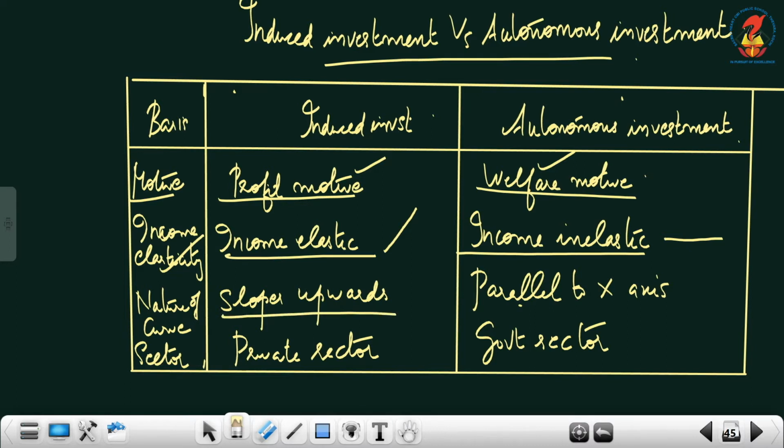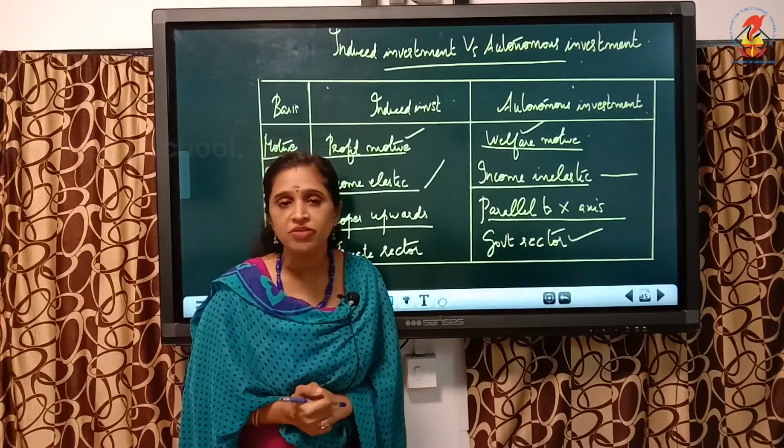Induced investment curve slopes upwards, whereas autonomous investment is parallel to the x-axis. Then comes the next one: which sector is dominating? Induced investment is dominated by the private sector, because it is profit motive, and autonomous investment is dominated by the government sector because it is welfare motive.